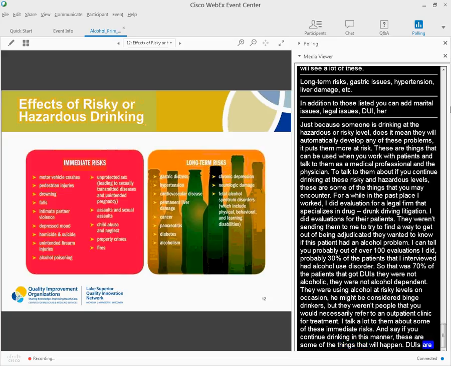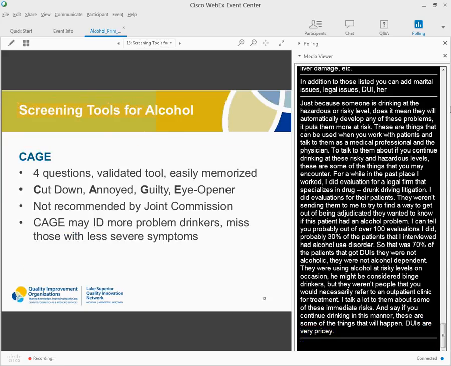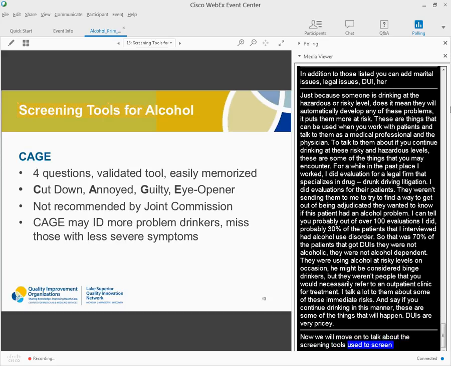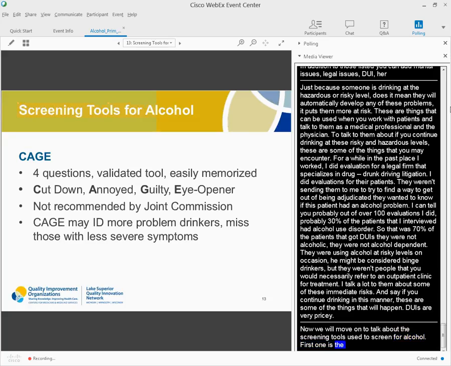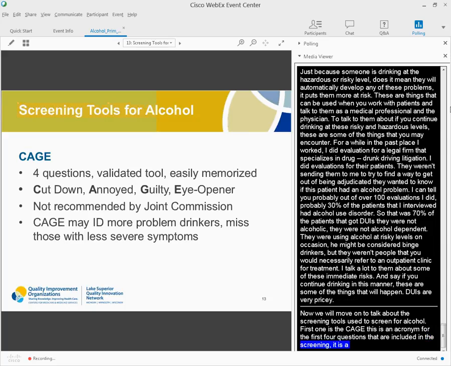So now we're going to move on to talking about the screening tools used to screen for alcohol. The first one we're going to talk about is the CAGE. The CAGE is an acronym for the first four questions that are included in the screen. The CAGE is a validated tool, recognized by SAMHSA, CMS, and commercial payers. It's a validated and reliable screening tool for alcohol.